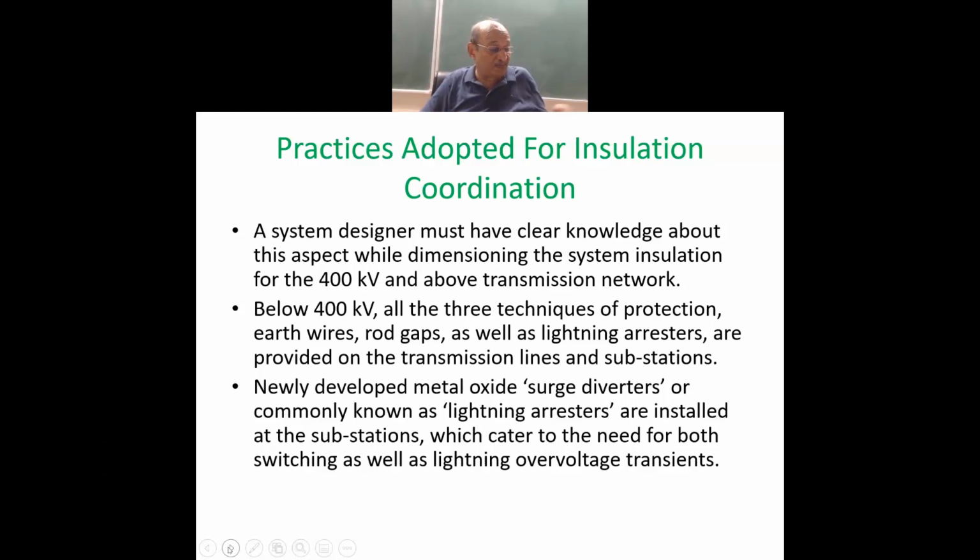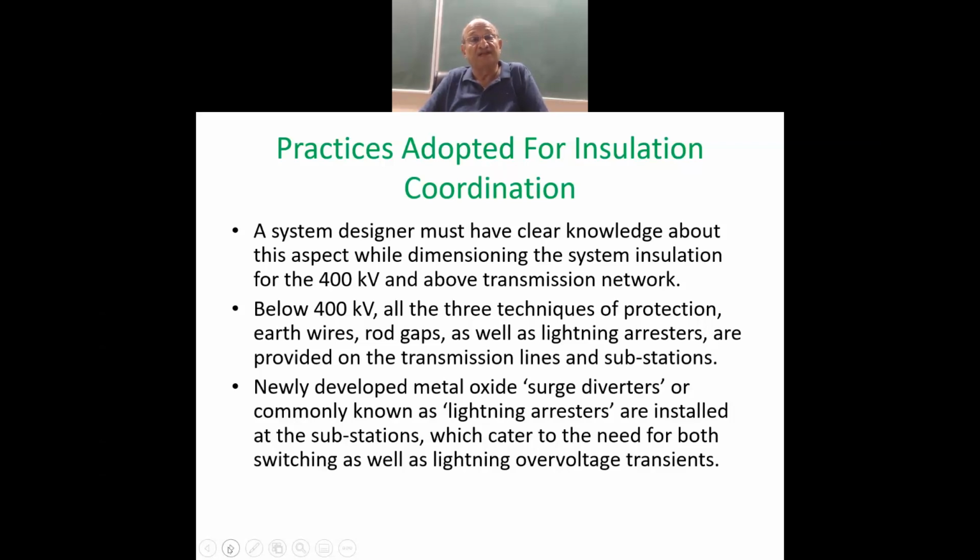Now, the practices adopted for insulation coordination. As you can see here, a system designer must have clear knowledge about this aspect while dimensioning the system insulation for 400 kV and above transmission network.